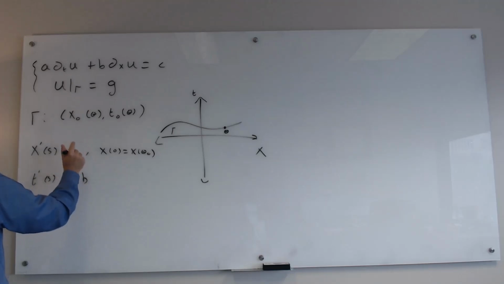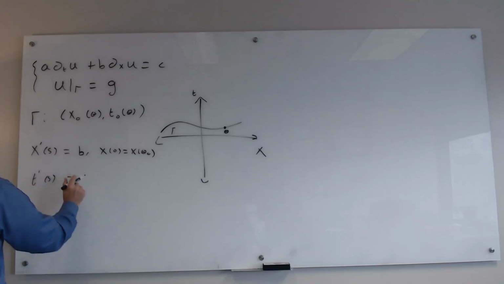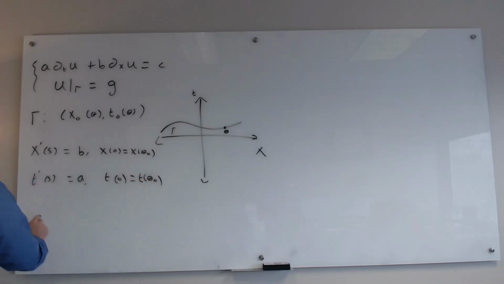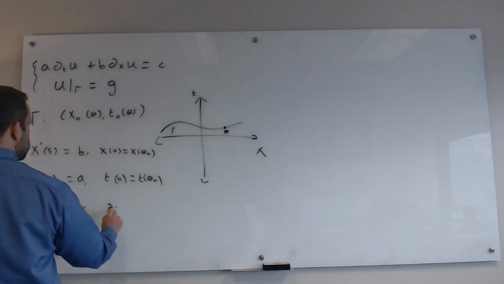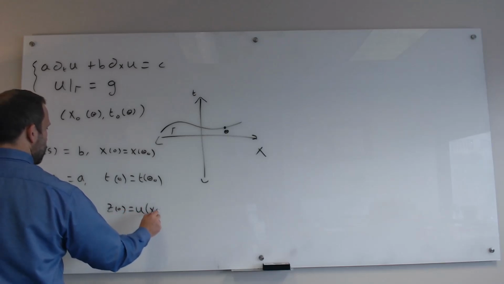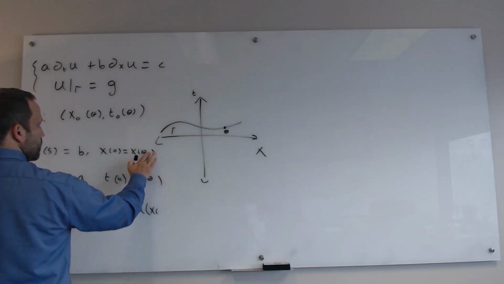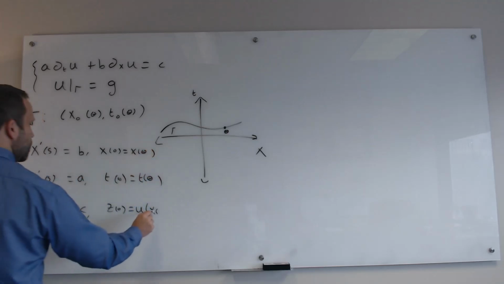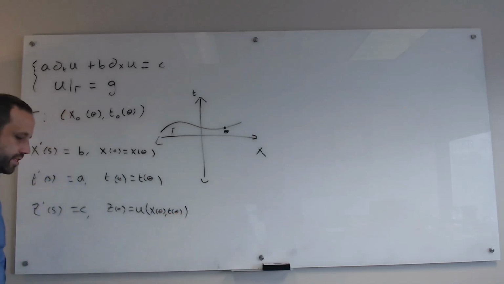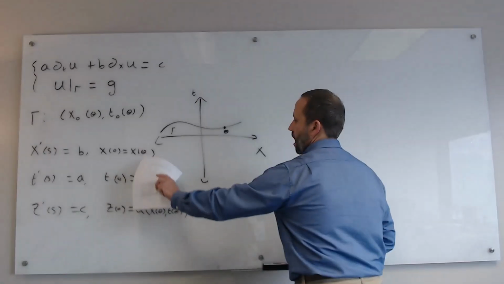Sorry, x prime is equal to a, t prime is equal to b, with t of 0 equals t naught of theta. And then z prime of s is equal to c. And here we have z of 0 is equal to u of x naught of theta, t naught of theta.